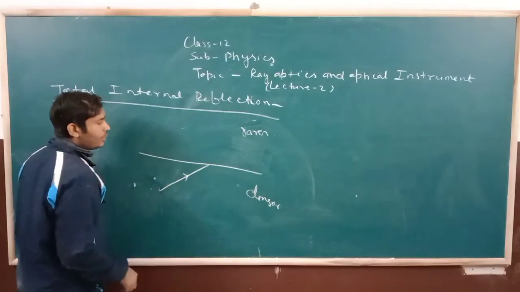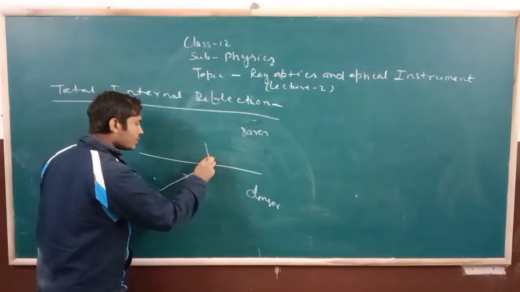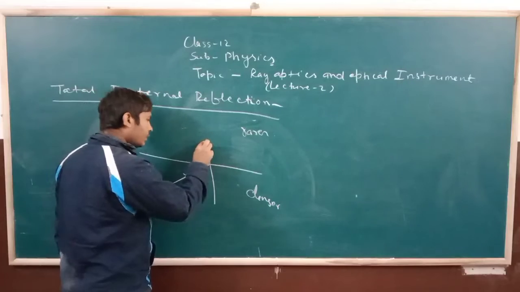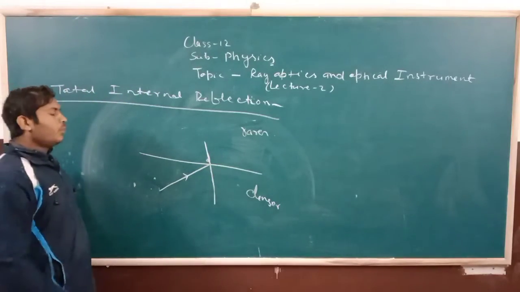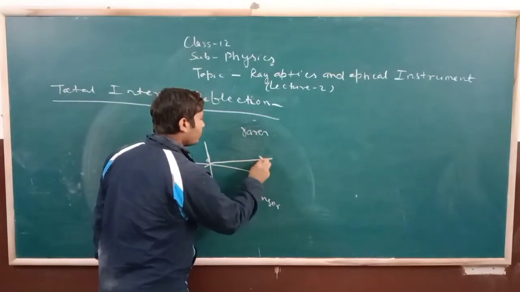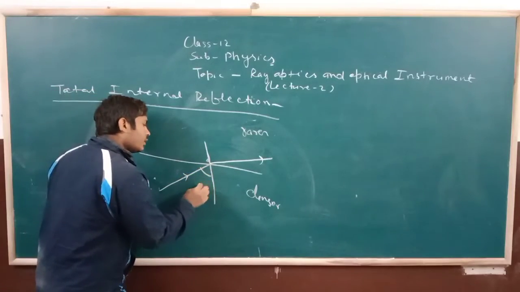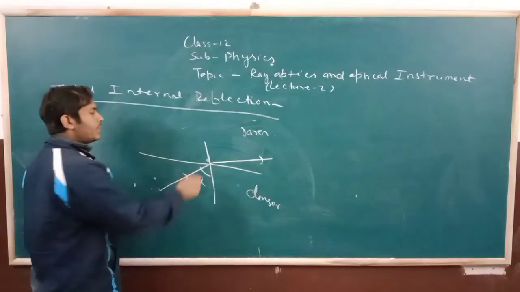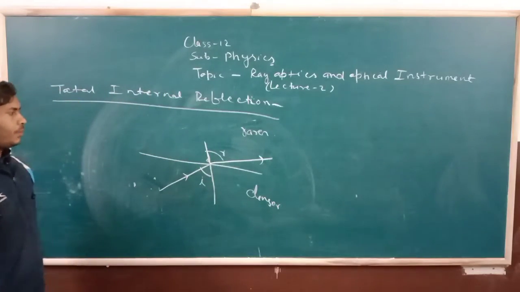So it is the incident ray, which is incident at point O, and it is the normal. We know that when a ray of light moves from denser medium to rarer medium, it deviates away from the normal. It is angle of incidence I, and it is angle of reflection R.